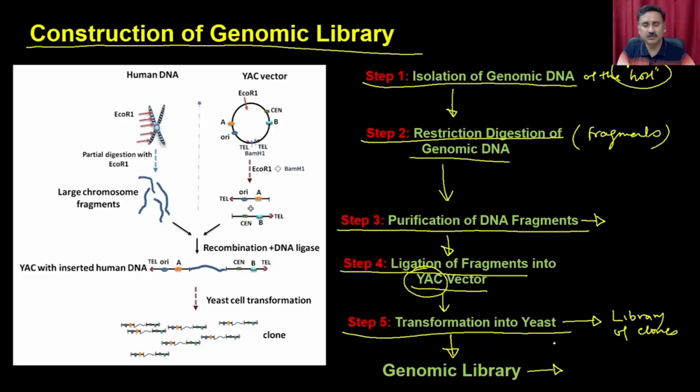So how are you going to do this? First, you are going to isolate the genomic DNA, the human genome, because we are talking about the preparation of a genomic library from human. Then you digest that human genome.